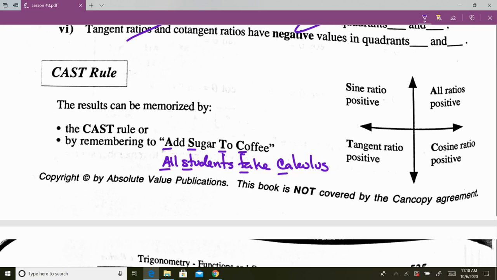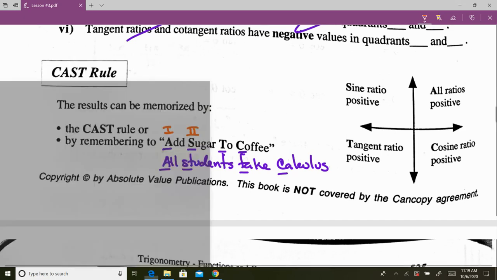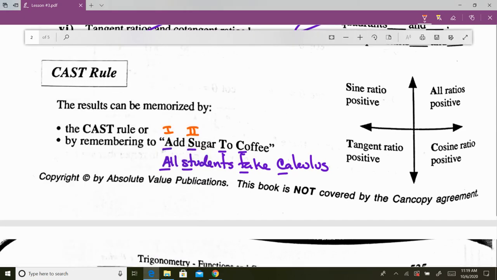So all, in the first quadrant. Okay? All ratios are positive in the first quadrant. So this is quadrant 1. Quadrant 2. What's positive in quadrant 2? Yes. Sine is the only one that's positive. All the others are negative. So the S stands for sine.